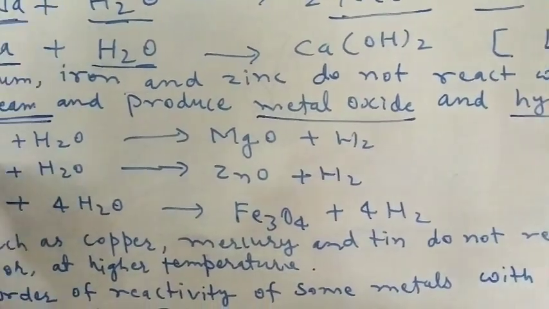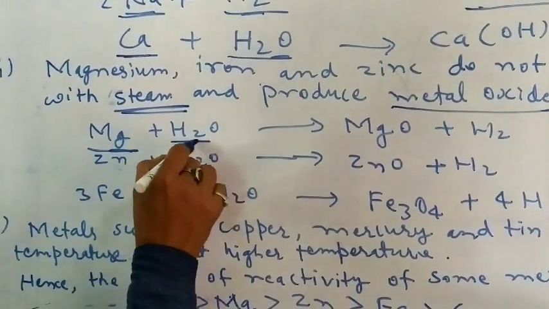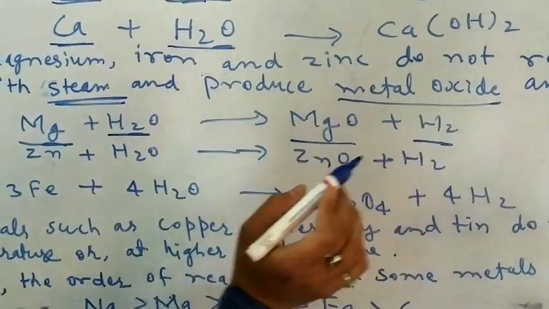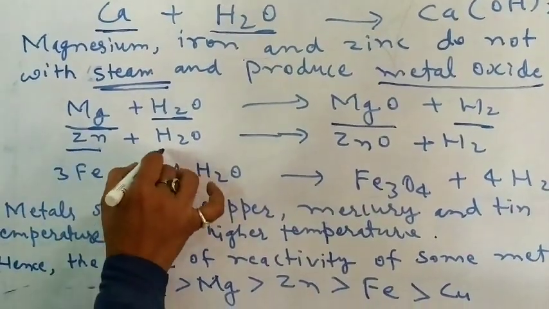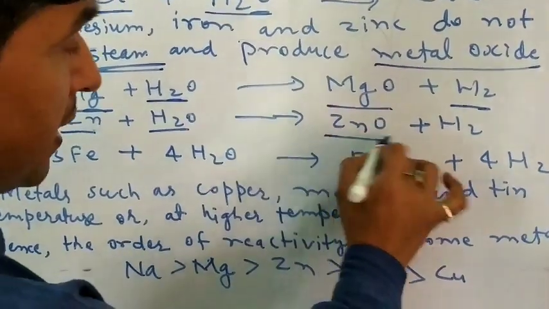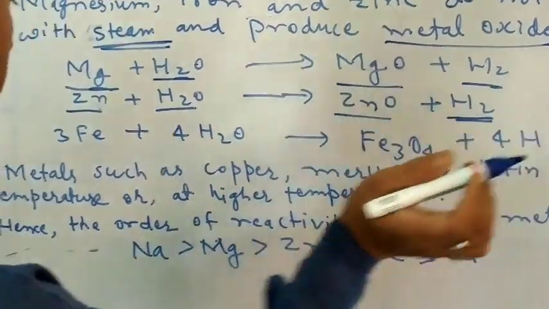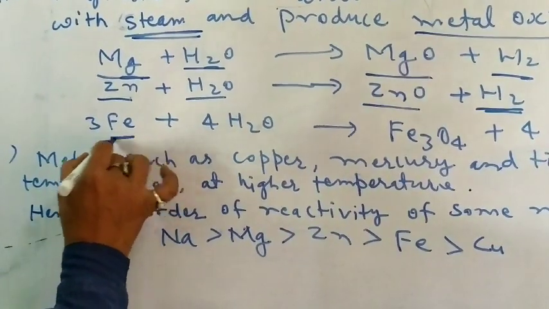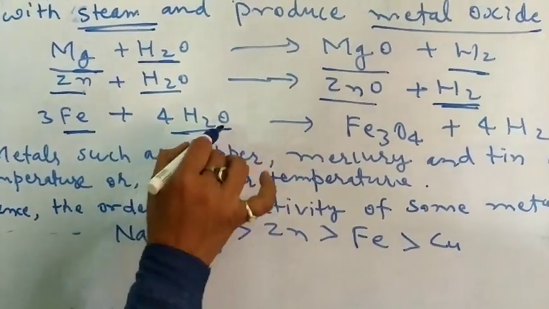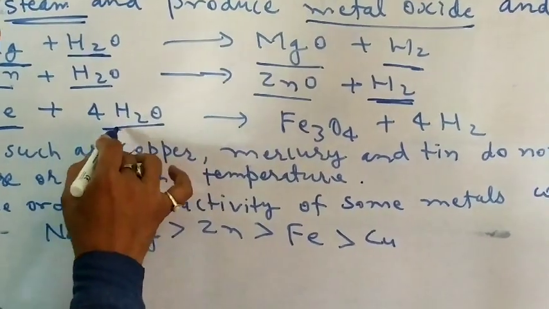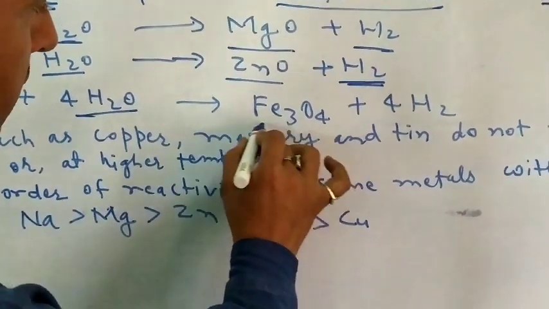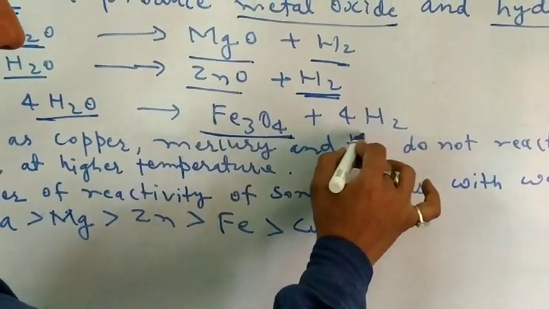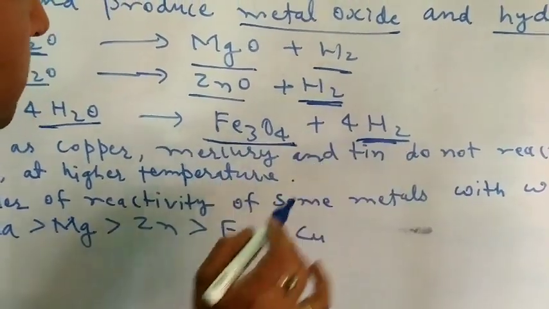For example, magnesium reacts with steam to form magnesium oxide and hydrogen gas, and zinc reacts to form zinc oxide and hydrogen gas. In the third reaction, iron reacts with water in the form of water vapor or steam. It gives ferroferric oxide, or iron second and third oxide, with hydrogen gas.